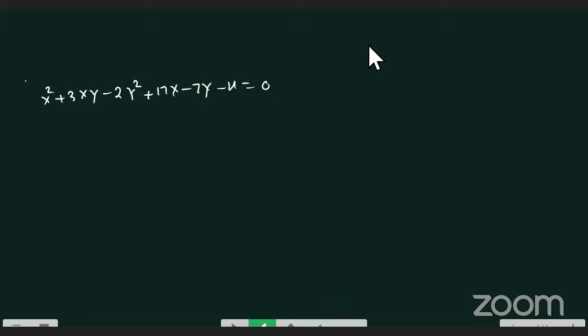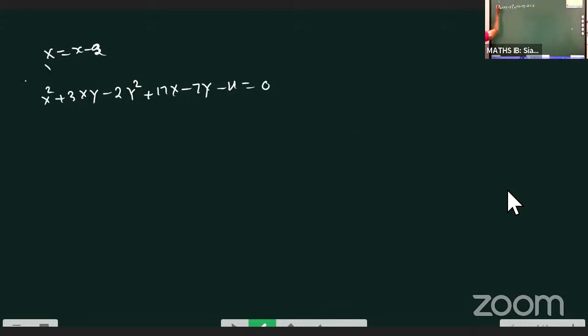So in this, substitute the capital X and capital Y values. Capital X is equal to x minus 2, and capital Y is equal to y minus 3.